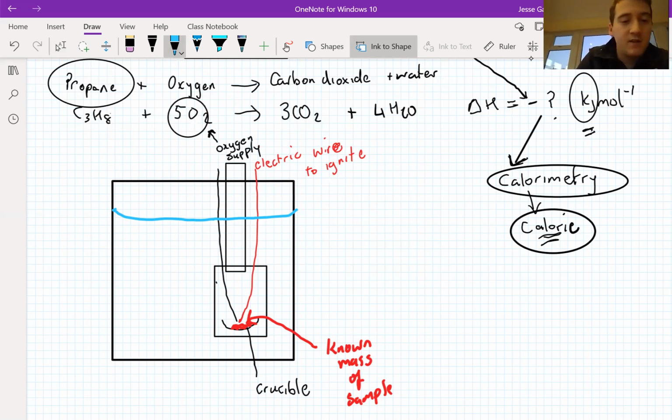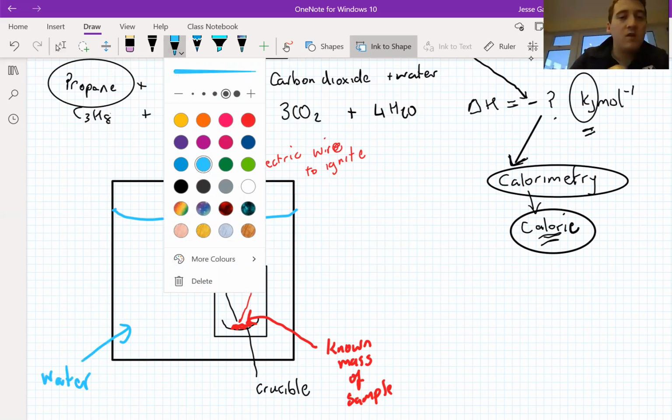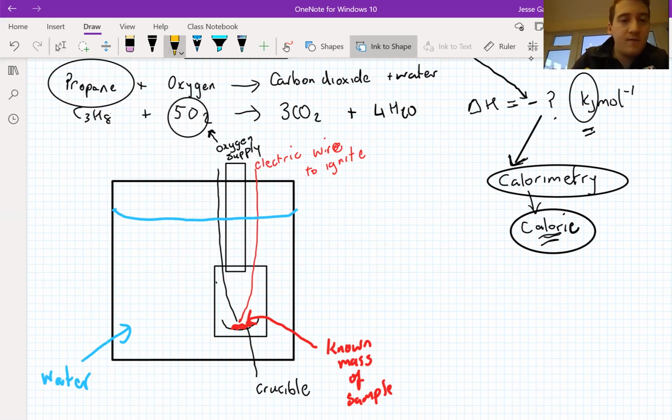So this is water here. Now, to make sure that the heat is evenly distributed through the water, we've got this device here, which is a stirrer. So it spins around. This is a stirrer. It spins around and makes sure that the heat gets distributed evenly throughout the water.